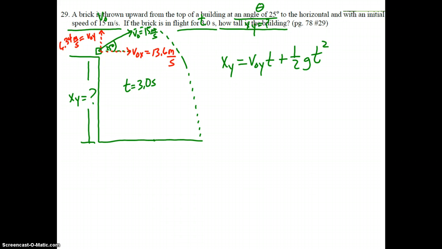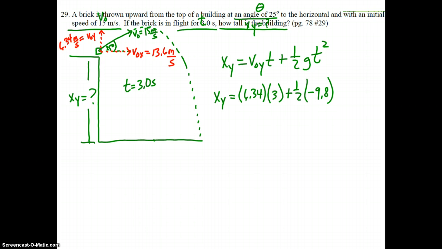Let's plug in and see what we got to work with here. XY equals VOY, which is the y component of the initial velocity, 6.34, in the air for 3 seconds, plus 1/2 negative 9.8, because in this question we do have conflicting directions.